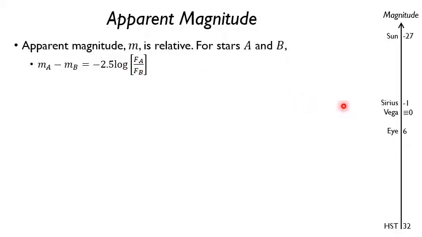It's a relative quantity, so the star Vega is defined as 0. That is just the definition of magnitude 0: the brightness that we measure of Vega.